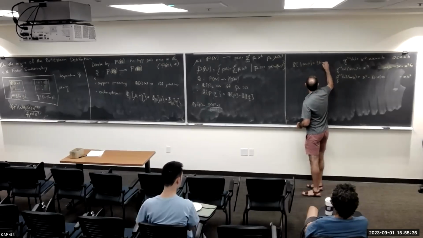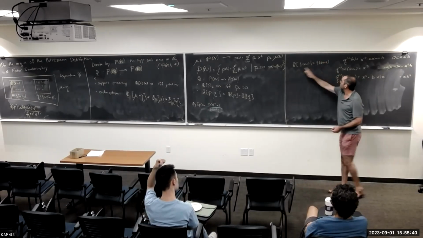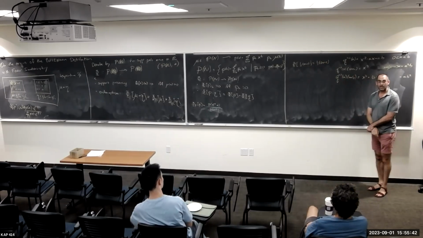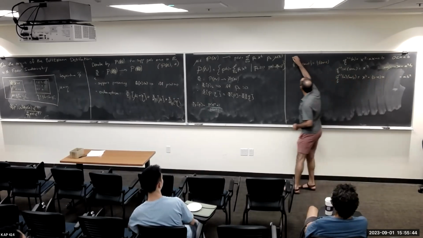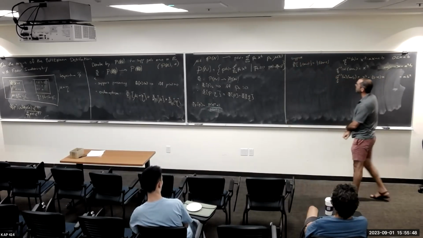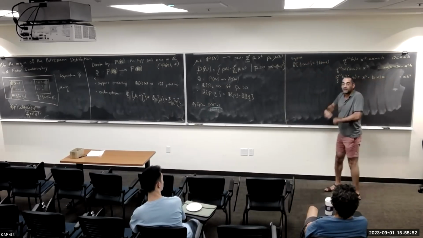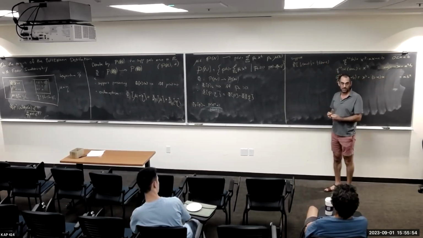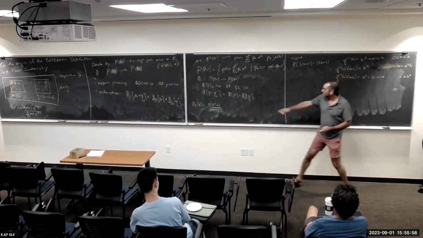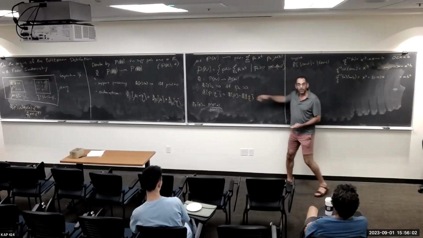Suppose phi has this property. I want to know what other constraints this puts on phi, and what it tells me about the rest of phi.